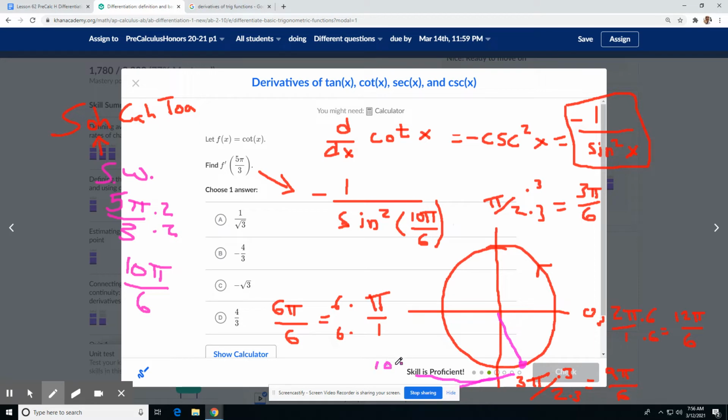All right, to do these, we always do a reference angle to the x-axis. So that means it's going to be on this side of the x-axis. Our reference angle means we drop straight down and create a right triangle with it.